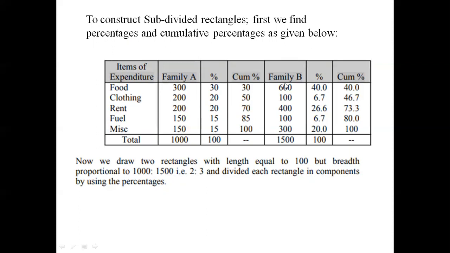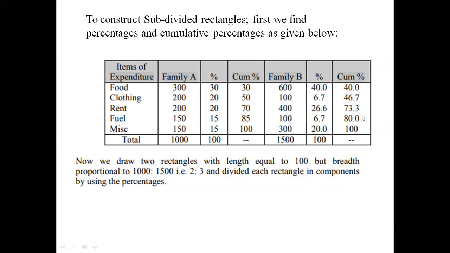Similarly, we have to convert the family B expenditure to percentages. So 600 divided by 1,500 into 100 is equal to 40. We have to convert the items, that is the real terms, into percentages. That is the first basic necessity. And for the location purpose, we have to convert them to cumulative frequency.